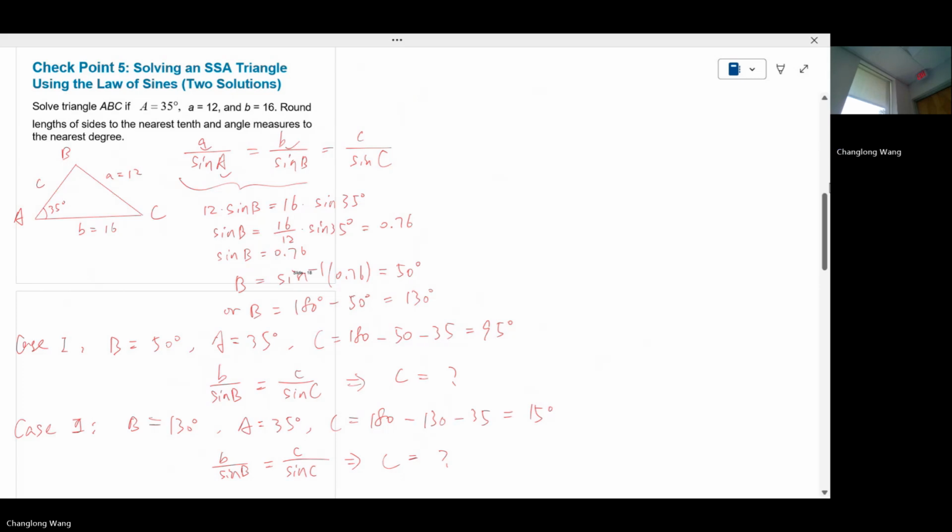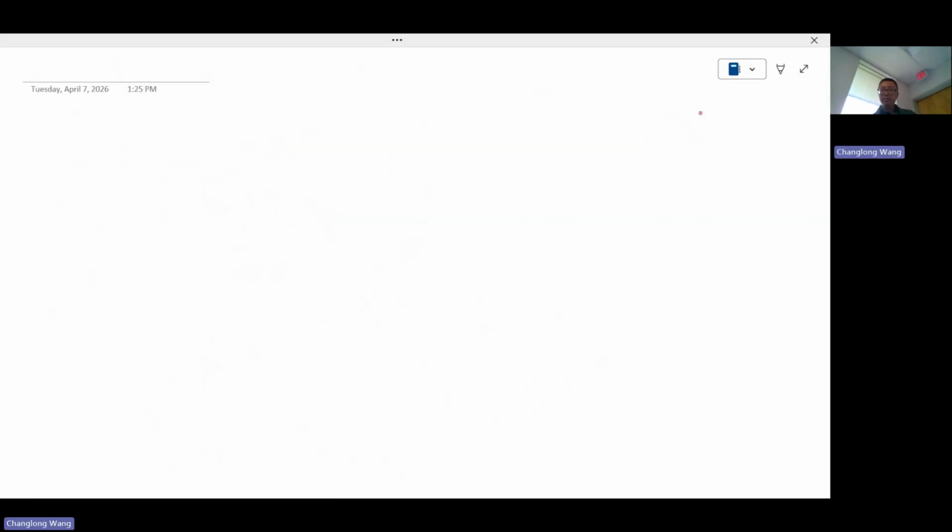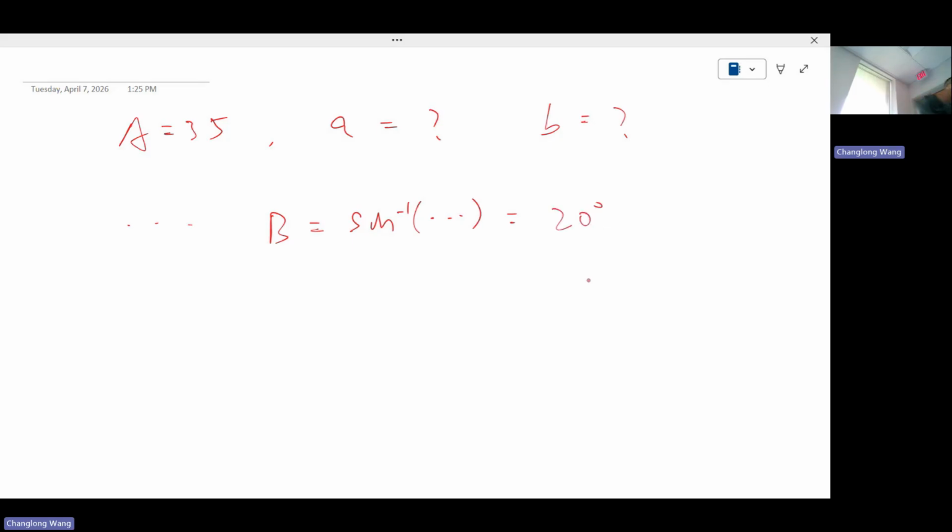Okay, so what I'm saying is given A to be 35, and given A and B to be some numbers, somehow by doing the same thing, I figured that B is sine inverse of something, and it works out from a calculator, which is 20 degrees. Rebecca, I'm just assuming, right?